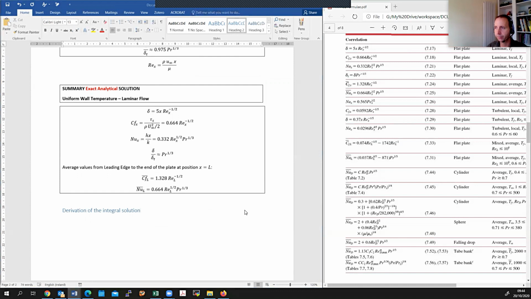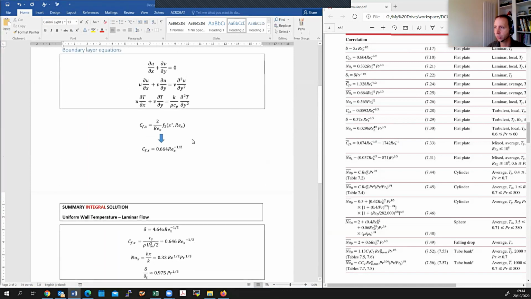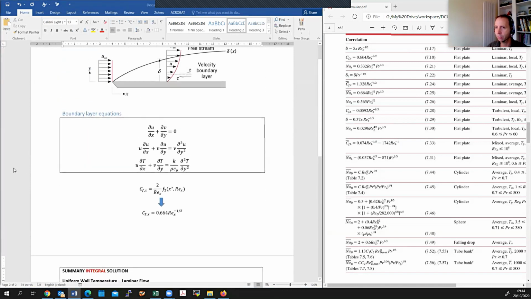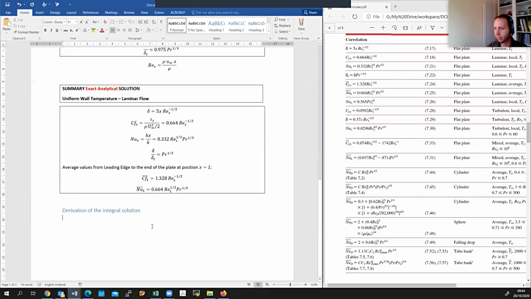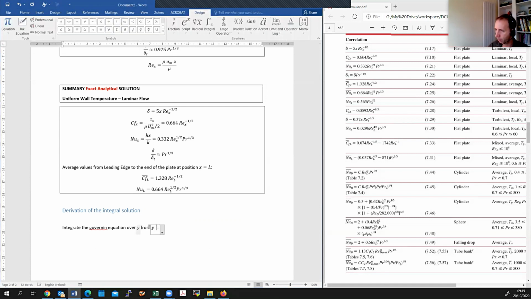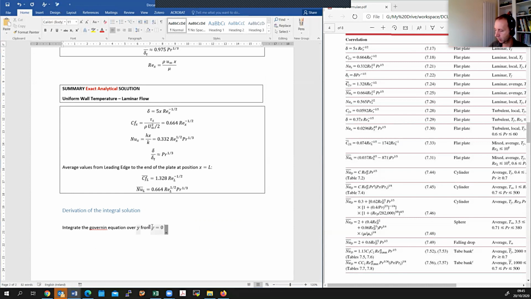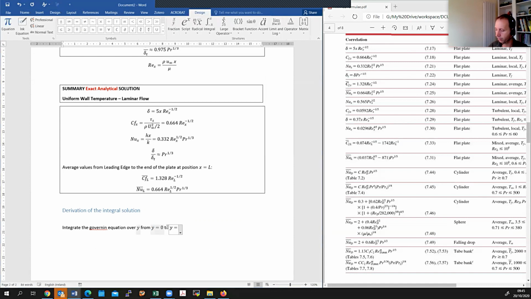You start from the governing equations, the ones that are shown here, okay? But you modify them. To modify them, you integrate the governing equations over y, from y equals 0 to y equals delta.